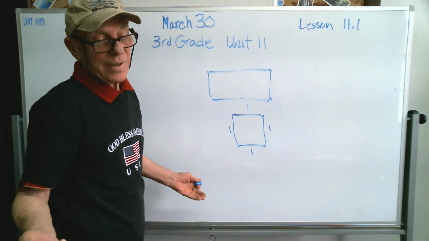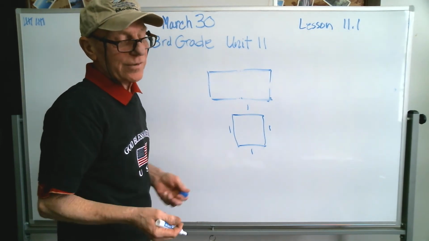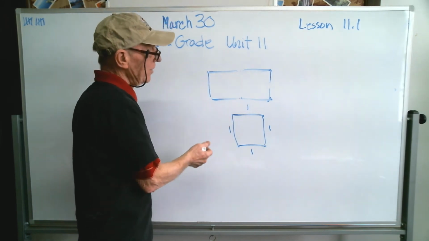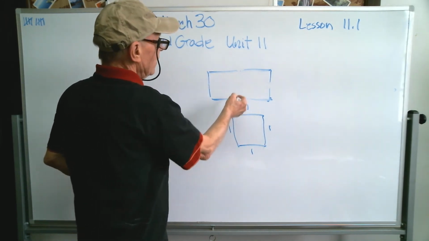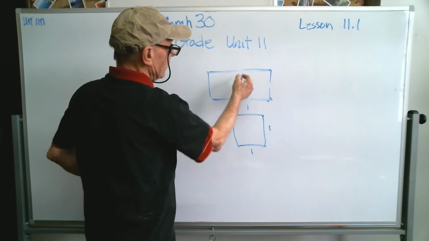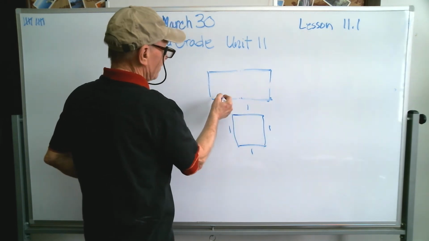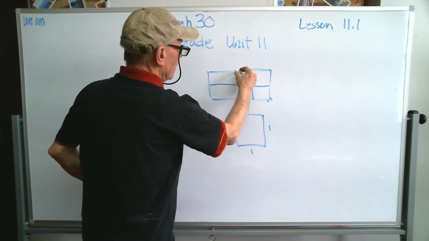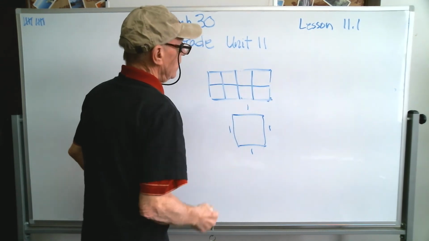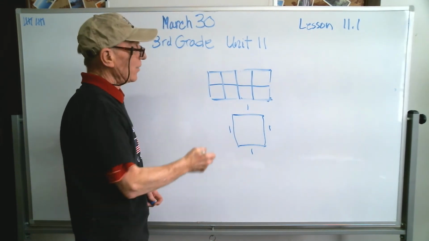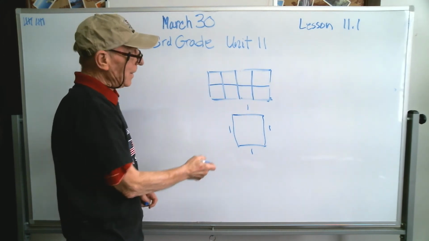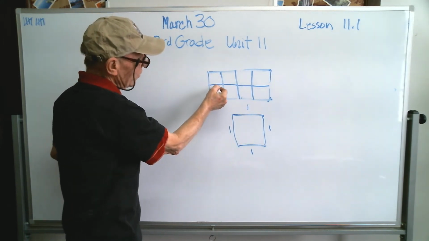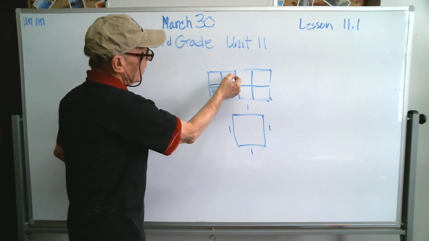Now, unit can be defined in inches, centimeters, different ways, but for reference, for example, in this rectangle, if we were trying to figure out how many of these squares, you see the square, there's a square, there's a square.